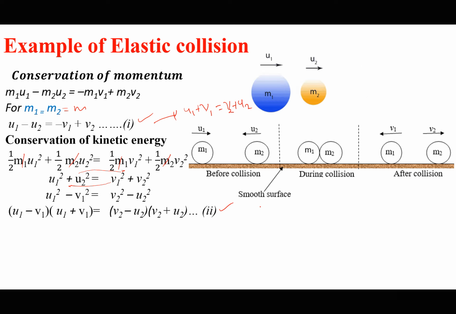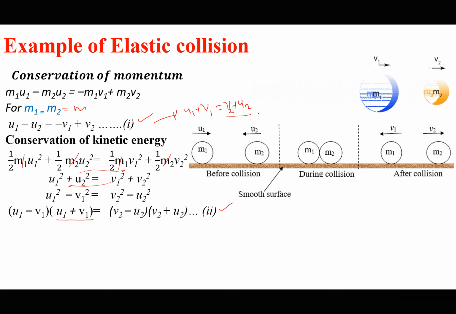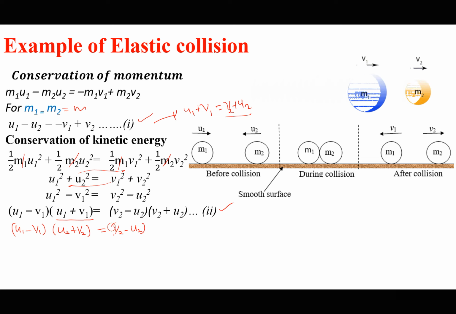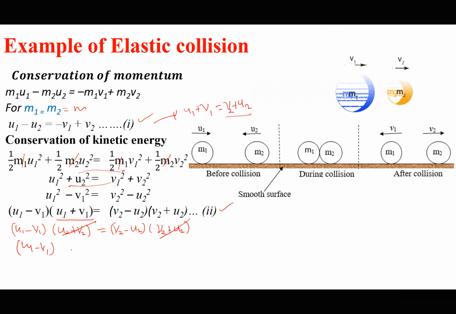Where there is u1 plus v1, I'm putting there u2 plus v2, which is equal to v2 minus u2 into v2 plus u2. So this is the same as that, so they cancel out. I remain with u1 minus v1 being equal to v2 minus u2.